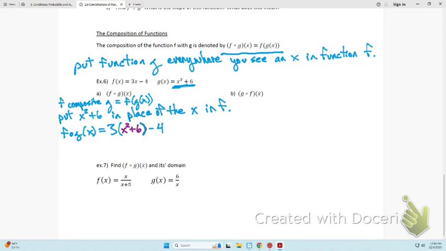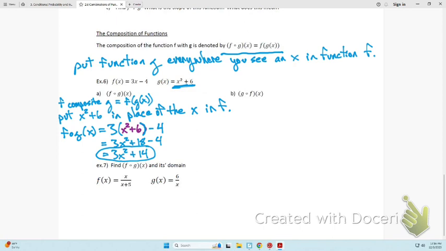Then simplify, add like terms, and you're done. So our final answer on part A is 3x squared plus 14. And that's it. It gets a little more complicated on number 7, but let's do these first.